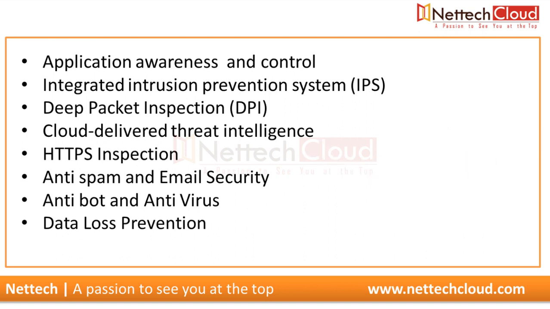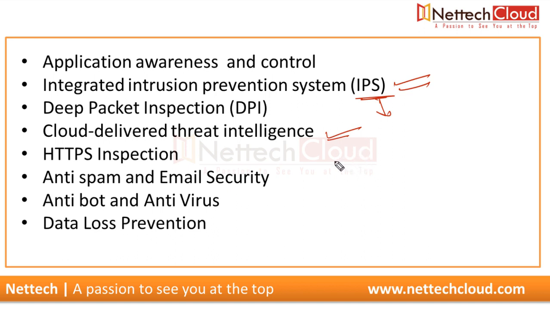So next generation firewalls have complete understanding of commonly used applications, and built-in IPS, intrusion prevention system, as a vulnerability protection mechanism, and cloud delivered threat intelligence to prevent zero-day attacks, unknown attacks.